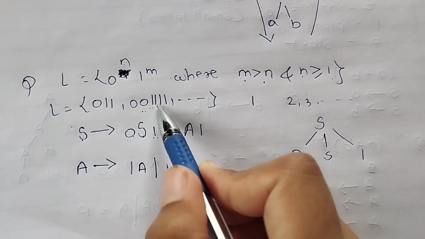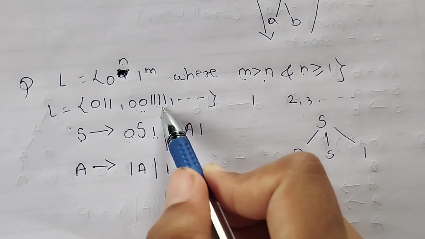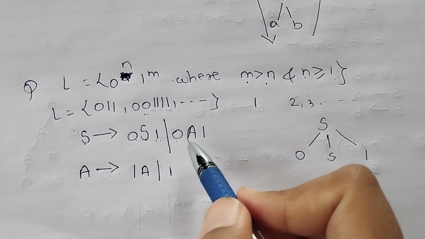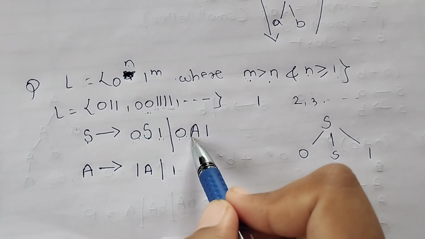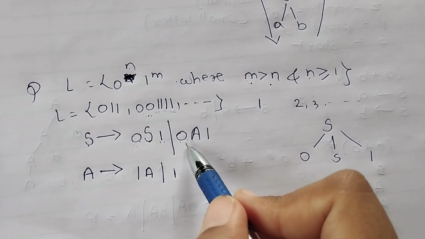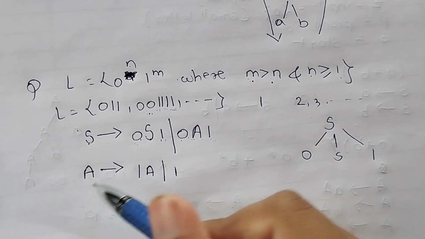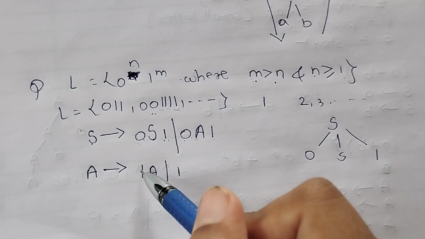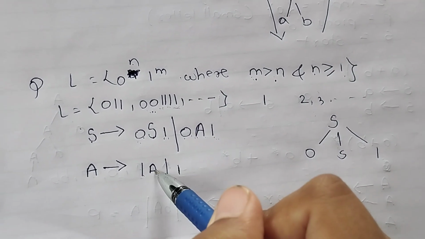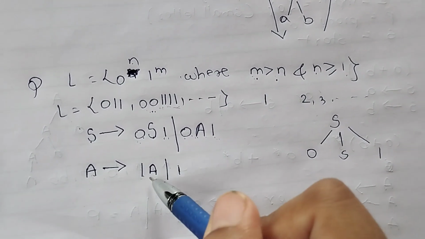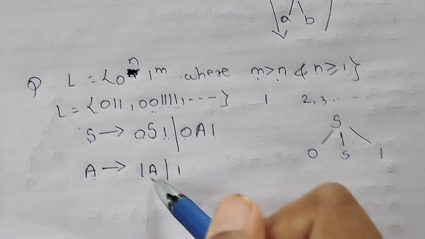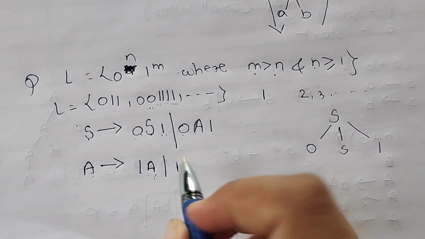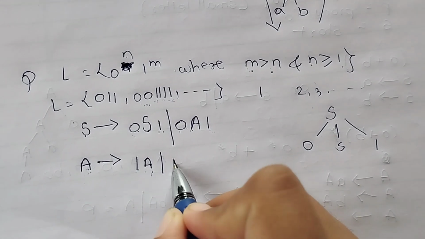But if I want the remaining 2A, how do I get it? If I initialize this 0, then 3 zeros become. So the second time I consider 0A1, because here the A production reads n number of A. See here 1A, again I read this A, then again 1A, again A can be read as 1A. If we want the final 1, then I simply read this 1.